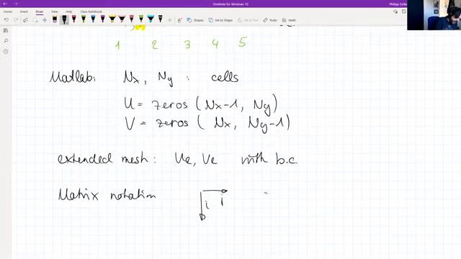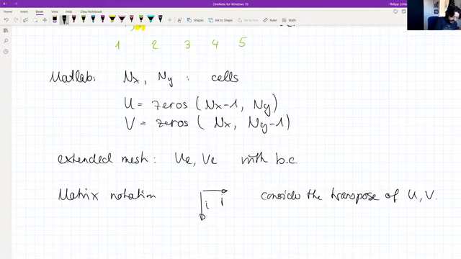So what is actually stored is the transpose of u and v and so on. It's important to keep in mind that in the way we store the coordinates and the velocities, the first index is x and the second index is y, which is the opposite of how you would just store it in a matrix.